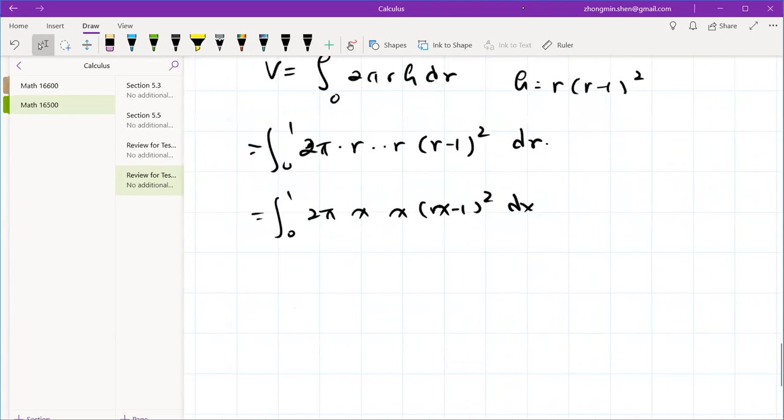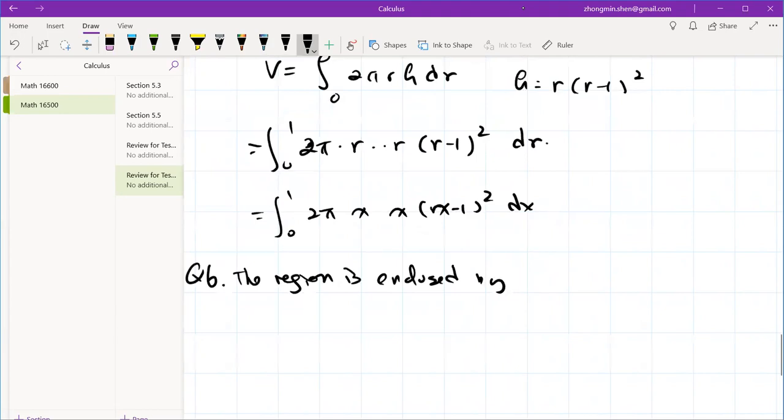The next question. Okay, and the notation here is about the horizontal line y equals 1.